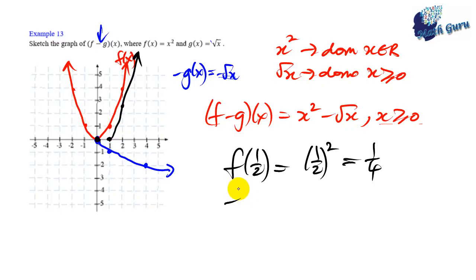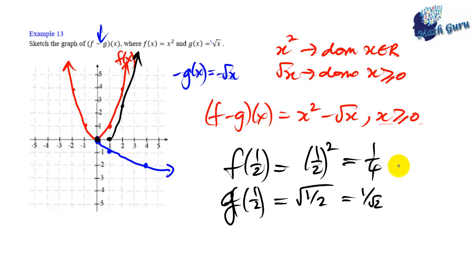If I say g of a half, I'm going to get the square root of a half, which is 1 on root 2. So this is 1 divided by 4, and this is about 1 divided by 1.4. This number is going to be bigger than this number.